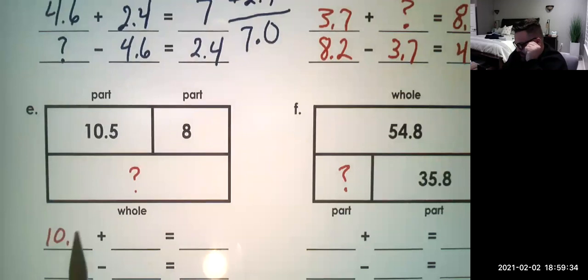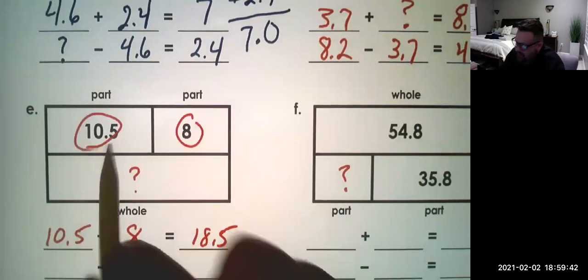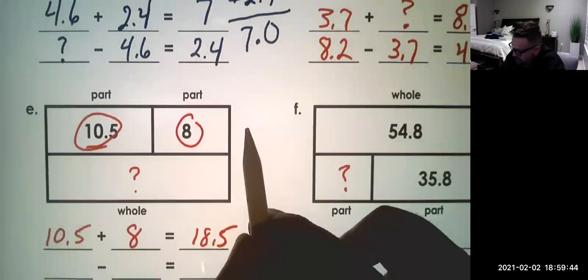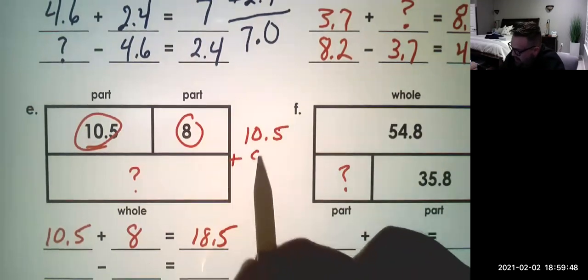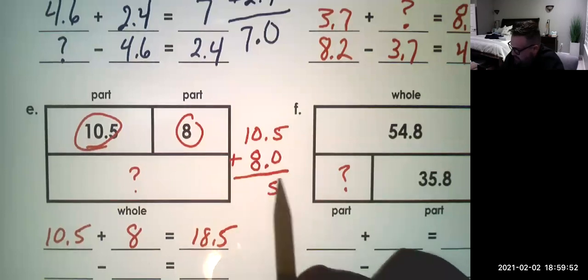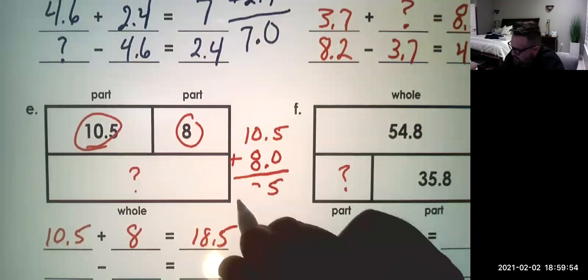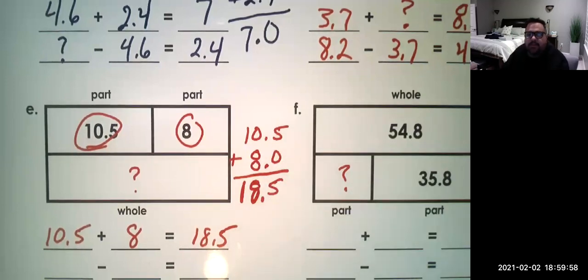So if you do 10.5 plus 8, you're going to get 18.5. Now, they put this one on here to try to trick you, right? Because this is 10.5 plus 8, basically 0.0, right? Please don't let that confuse you. You got to keep that decimal. The math is not hard, right? It's keeping everything lined up.